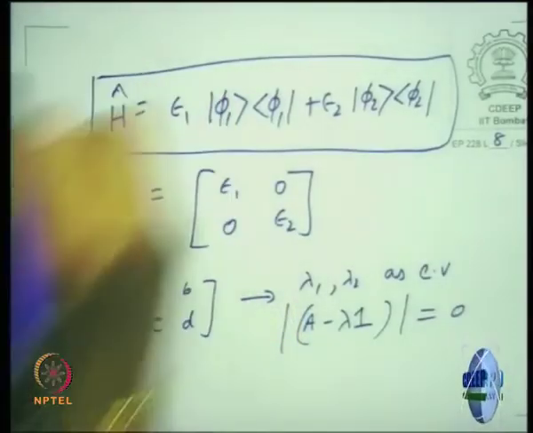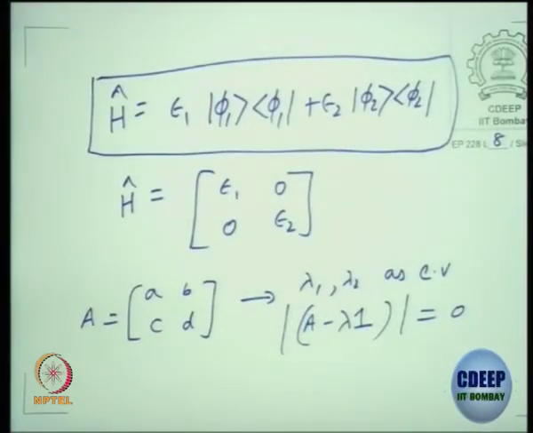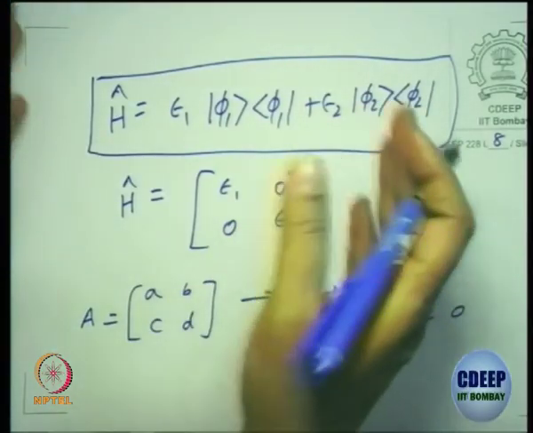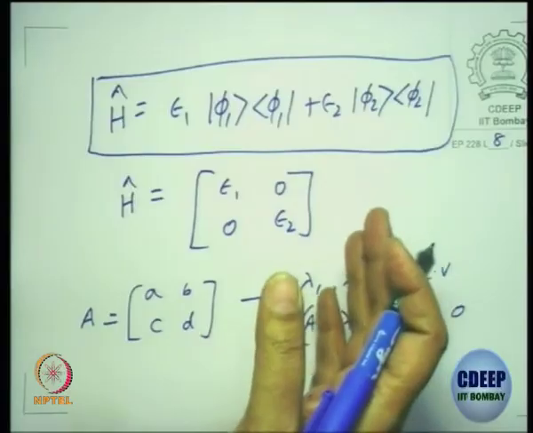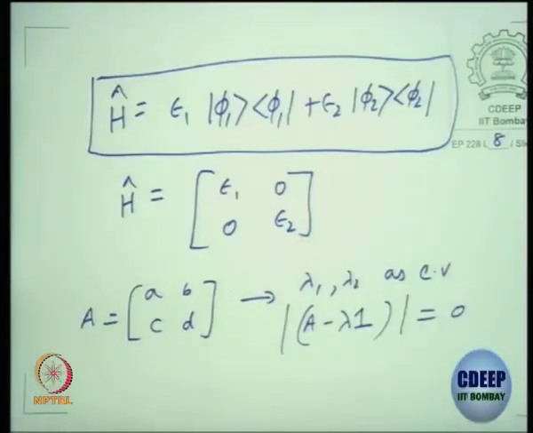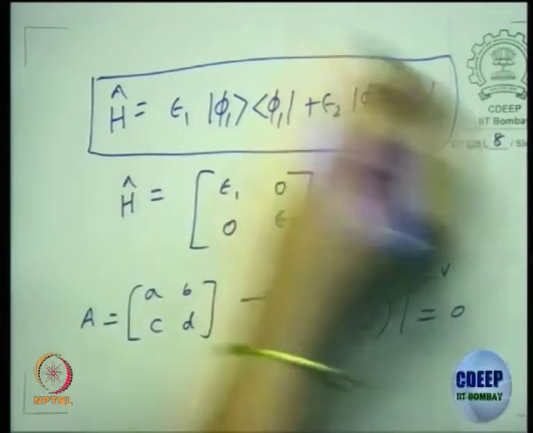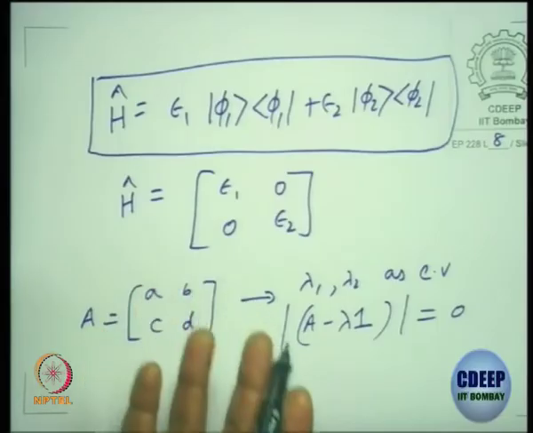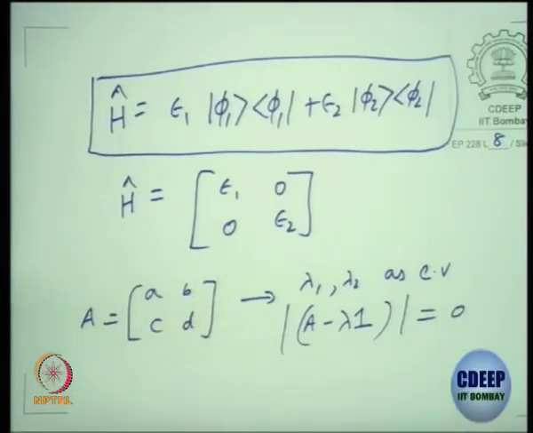This is a compact Dirac notation for a diagonal operator, but whatever I write there for a finite dimensional vector space, you can try to rewrite it in matrices and work with what you know from matrices. So, what are the eigenvalues of this operator? If I ask you, it is very trivial. Epsilon 1 and epsilon 2 are the eigenvalues and the basis states are phi 1 and phi 2, which are (1, 0) and (0, 1).